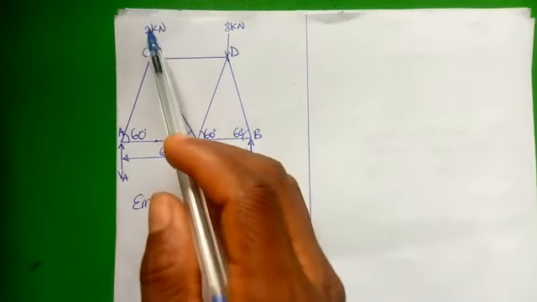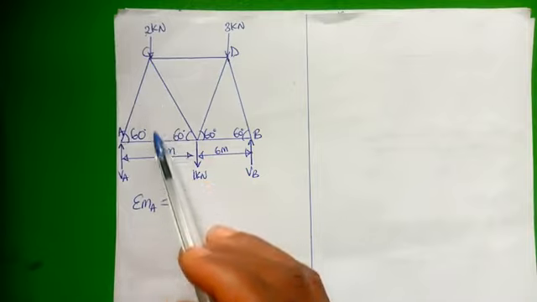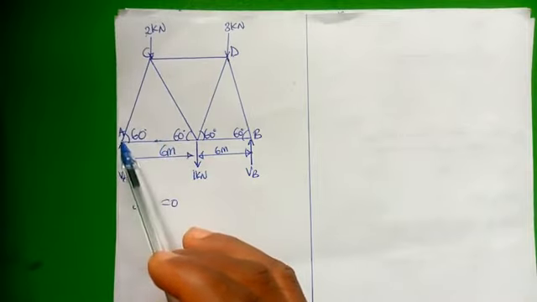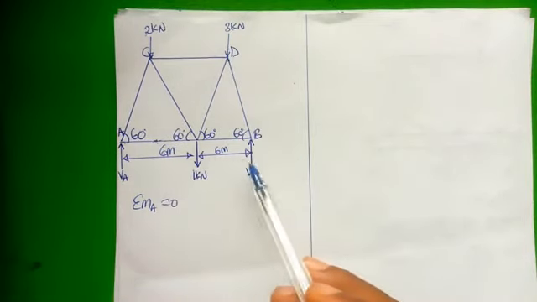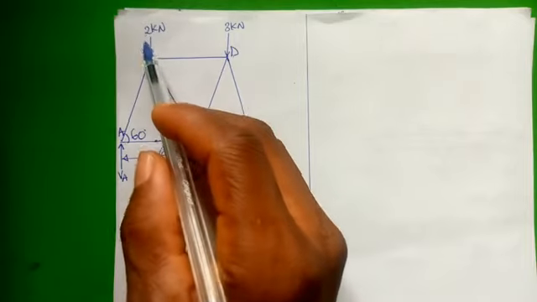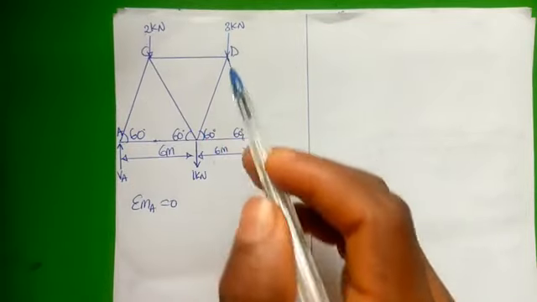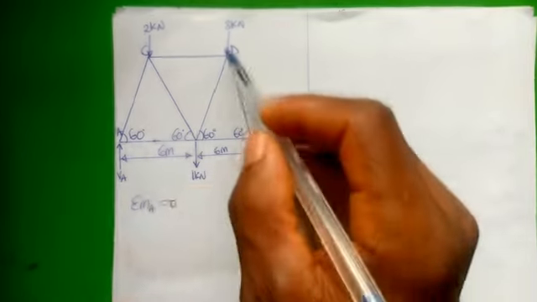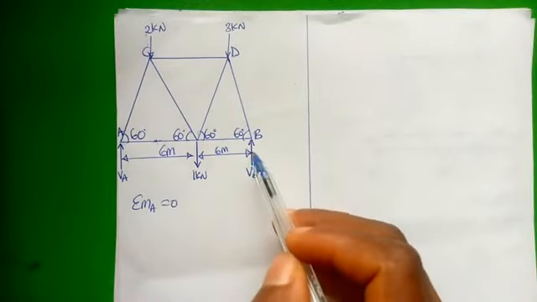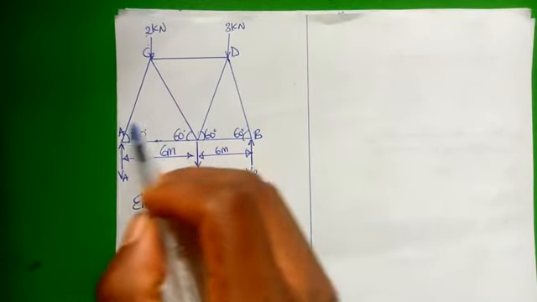So when we talk about this 2 kilonewton, you check the distance which it will make to get to point A. 3 kilonewton also, and all these forces. Now these 2 kilonewton and 3 kilonewton and even 1 kilonewton will move in a clockwise direction to point A, but VB will move in anti-clockwise direction.